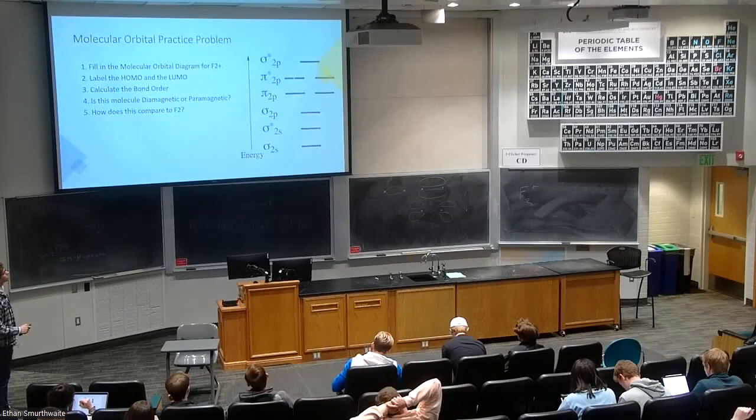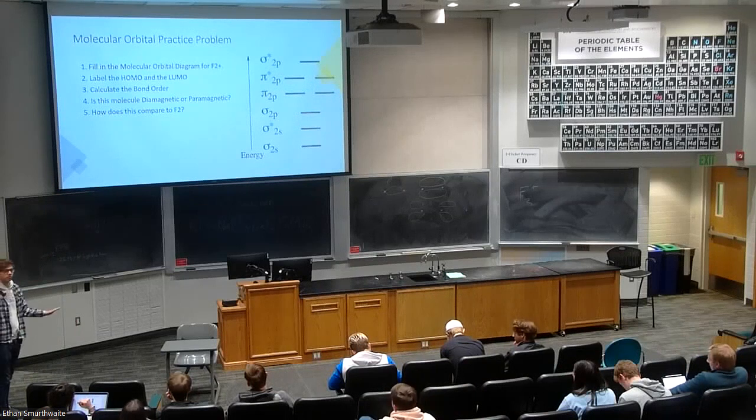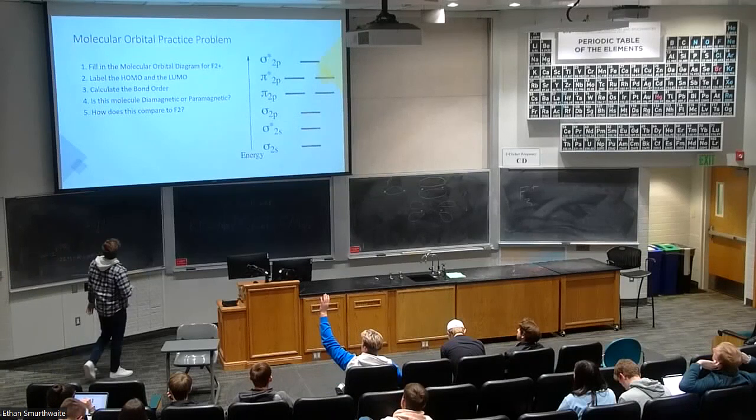No, this would still be the HOMO. This would still be the LUMO up here. The whole level has to be empty for it to be the LUMO. Did everyone hear that? That was a great question. Yeah, the whole level has to be empty for it to be the LUMO.